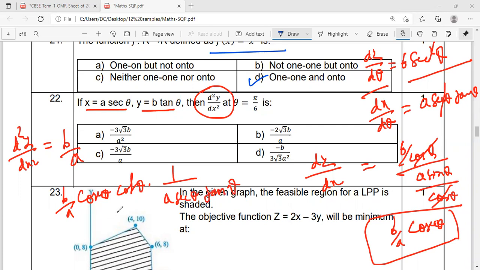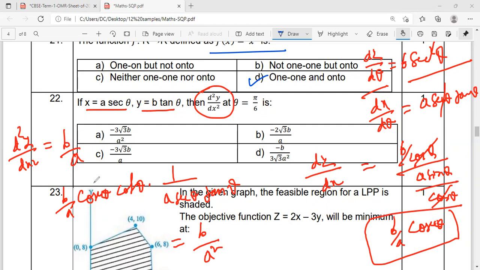We'll simplify this a little bit and we'll put theta is equal to pi by 6. So it will be b by a square. You see, cosec is 1 by sine and sec is 1 by cos.